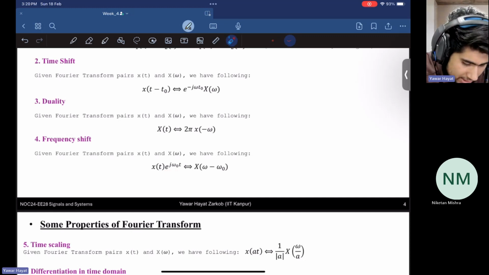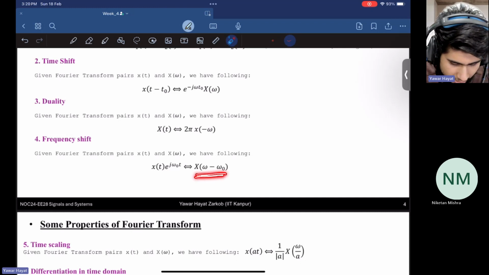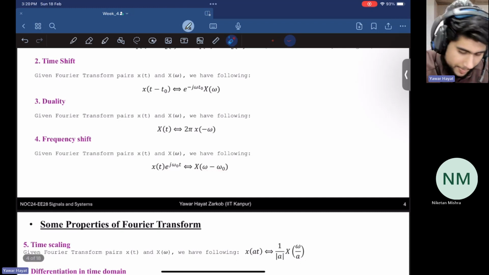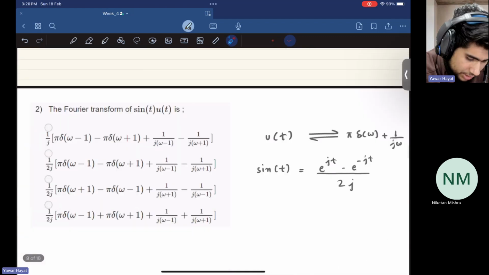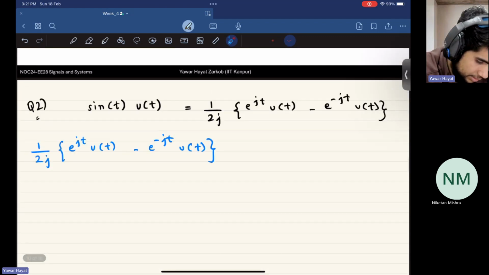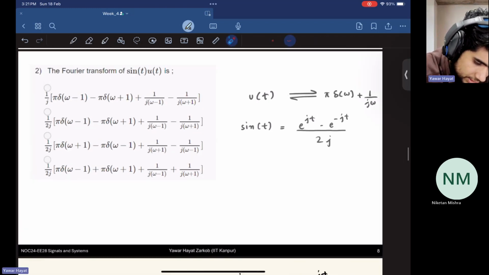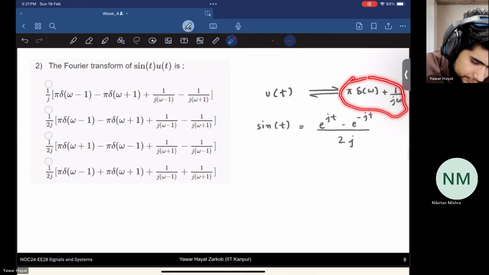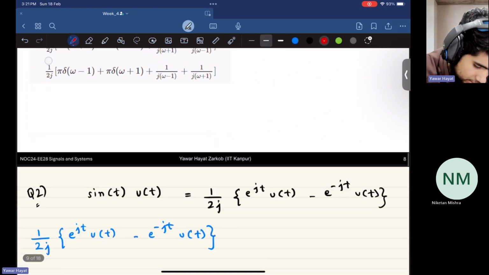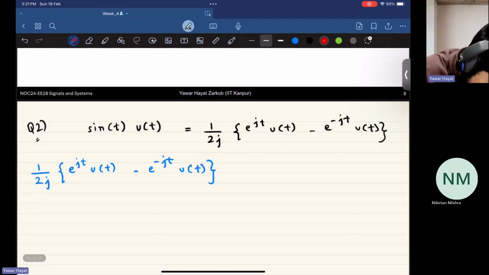That is essentially a frequency shift in the frequency domain. So let me shift this signal by 1. Which signal? The Fourier transform of u of t.